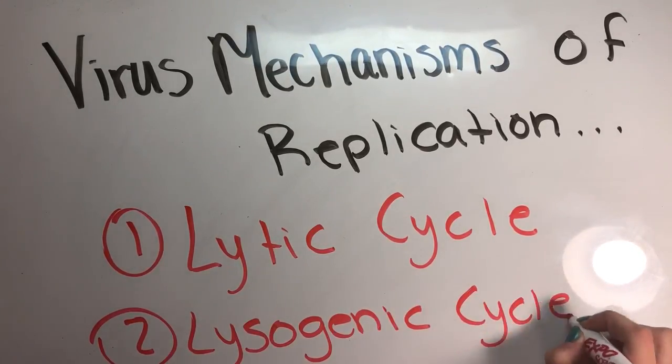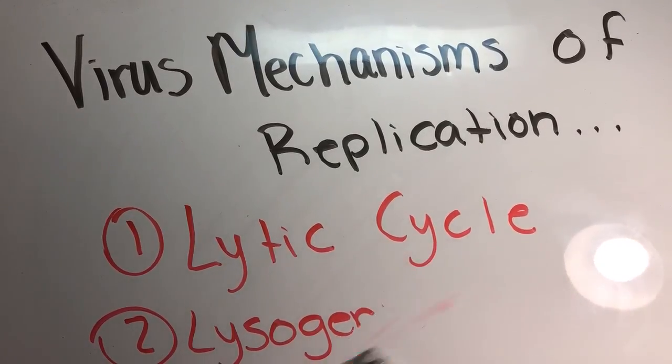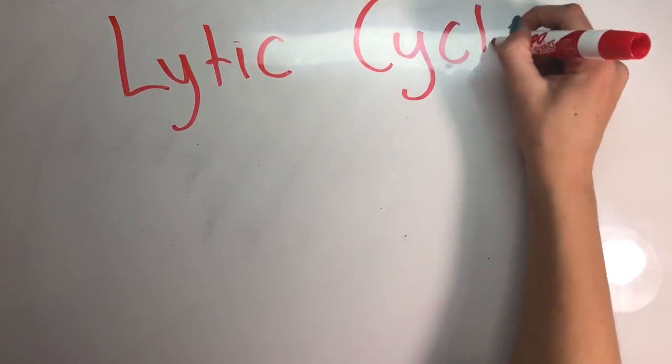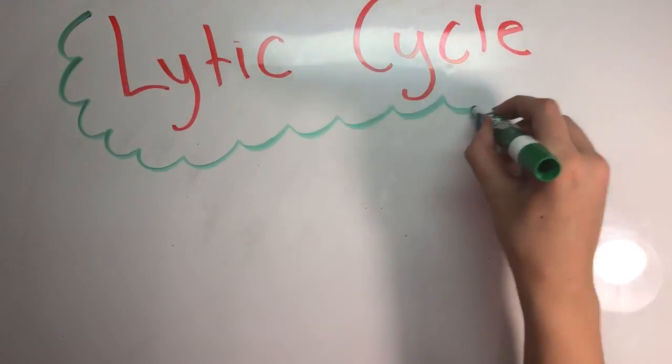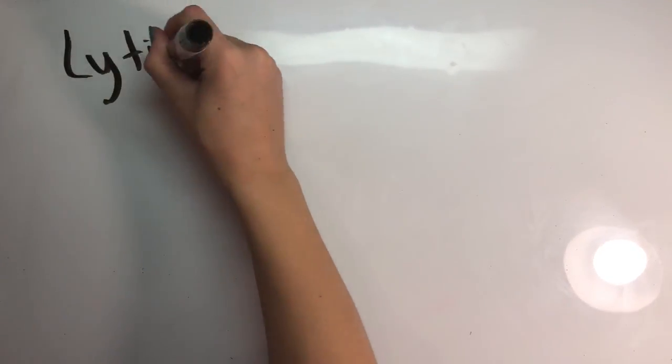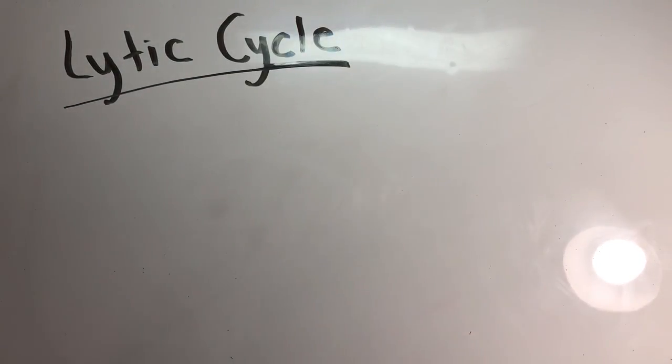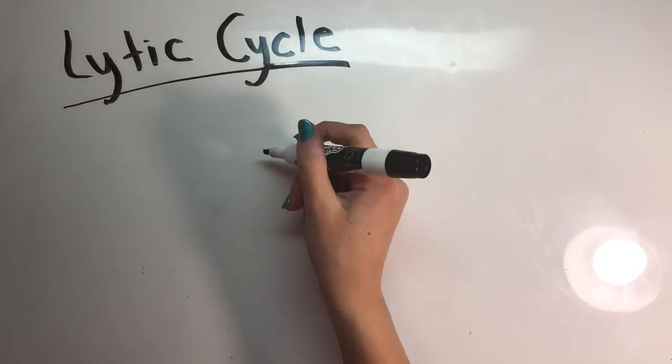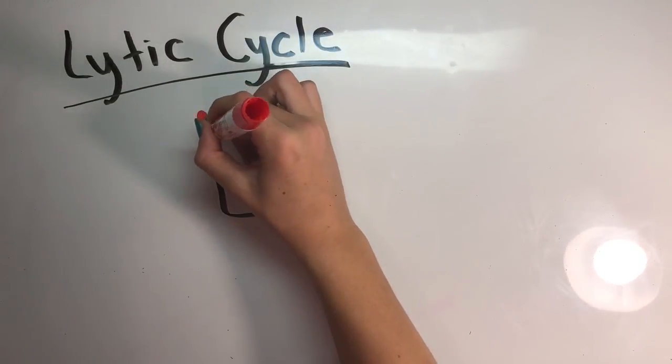What is the lytic cycle? The lytic cycle is a phage replicative cycle that culminates in the death of the host cell. The lytic cycle begins with a phage attaching to a host cell and injecting it with its DNA.